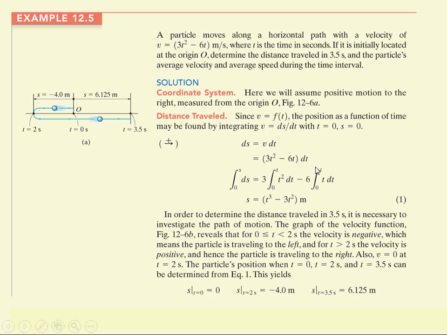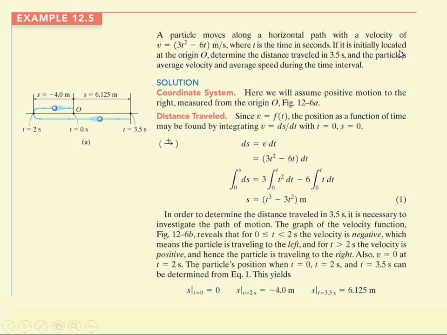Okay, let's look at this example here. We have a particle, just a point mass that moves along a horizontal path with the velocity. It has a function 3t squared minus 6t meters per second, where t is time in seconds.